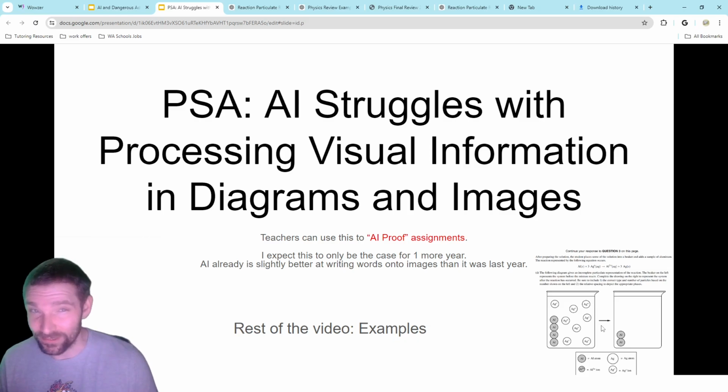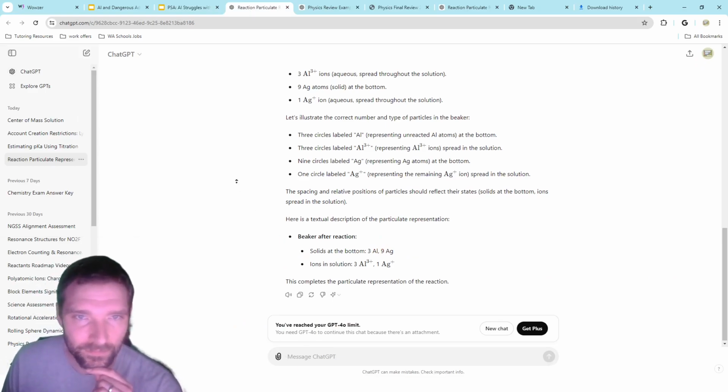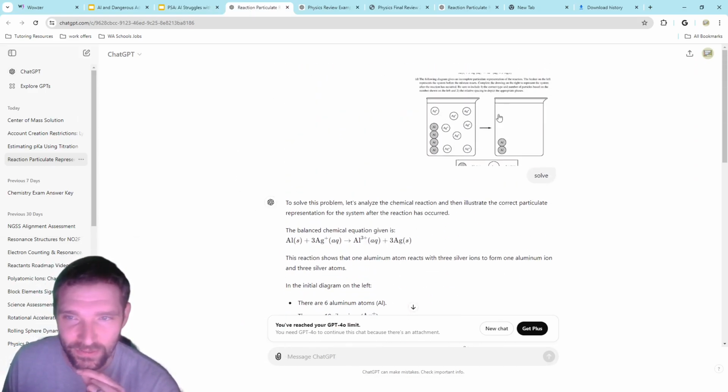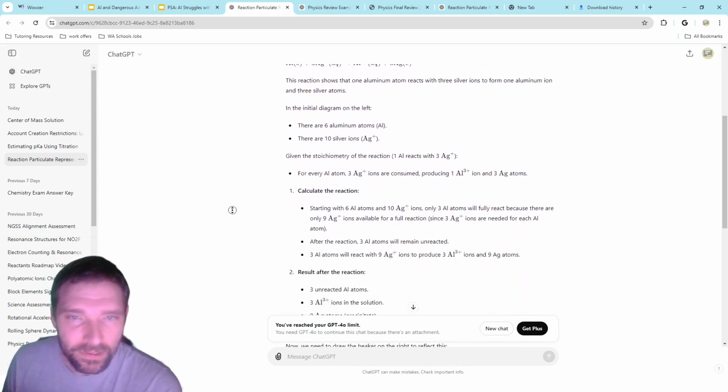It really isn't that hard to do once you have the information, but ChatGPT really struggled with it. So if we go to the reaction representation, it kind of knew what to do, and it had the right idea, but the numbers are wrong.